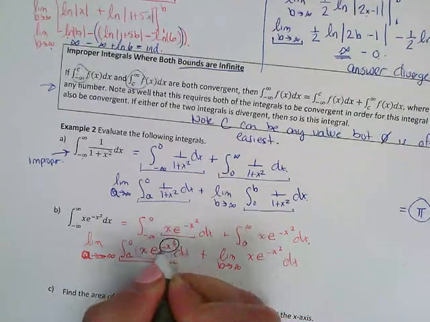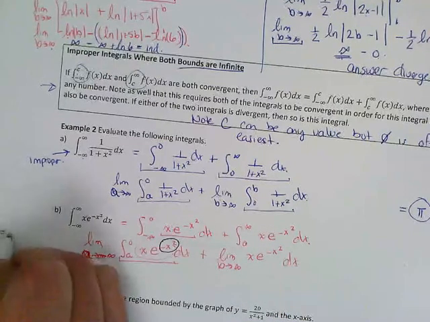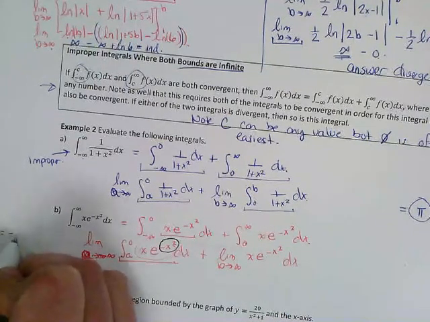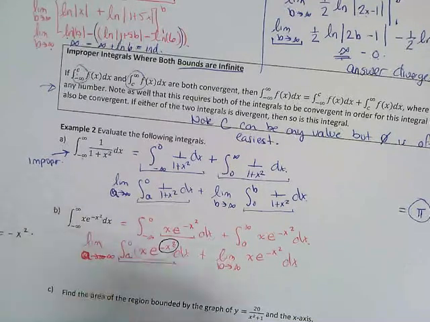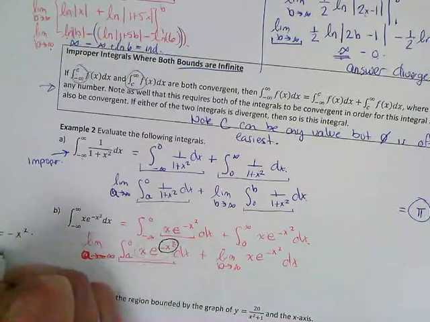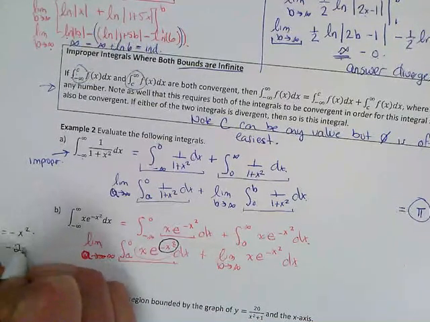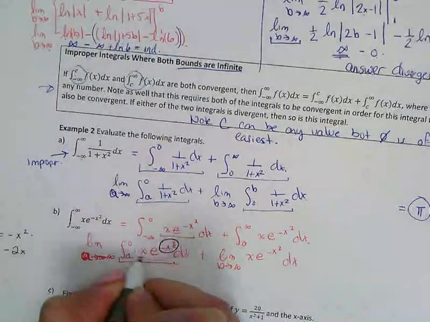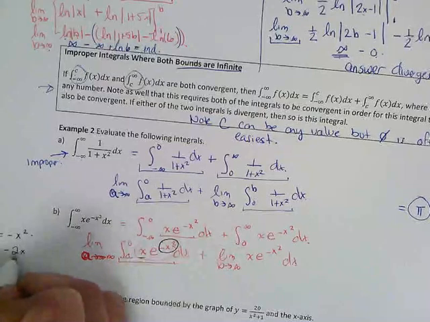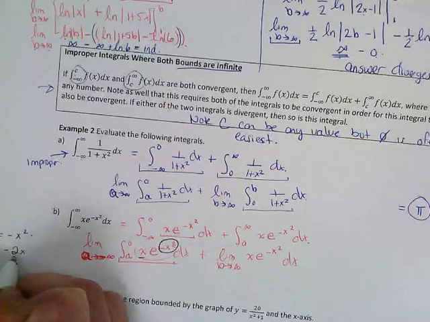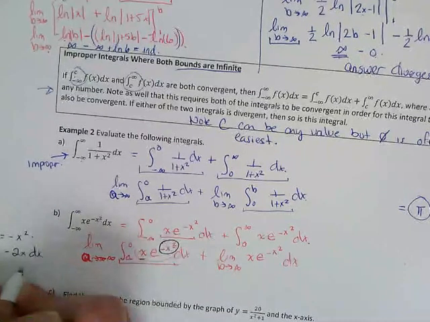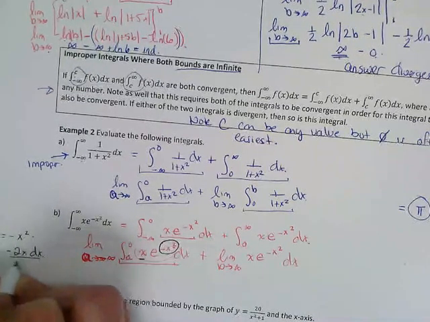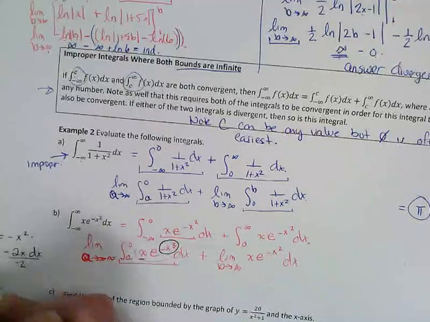You notice that this part right here is negative x squared, so therefore du could be negative 2x, which is right here, just with a constant coefficient, so we can get rid of that coefficient by dividing both sides by negative 2.